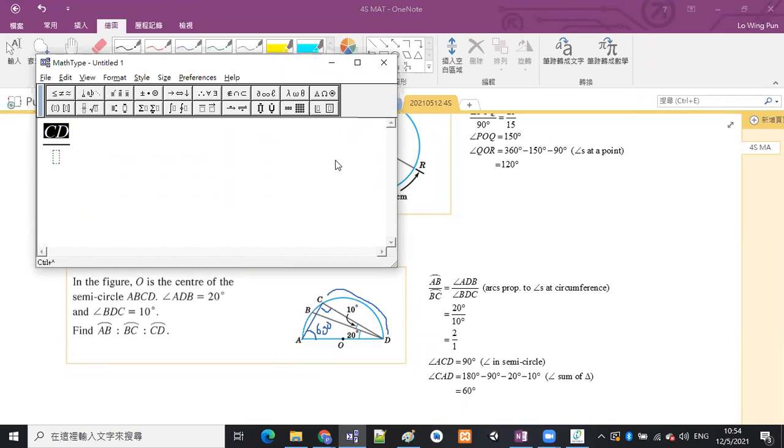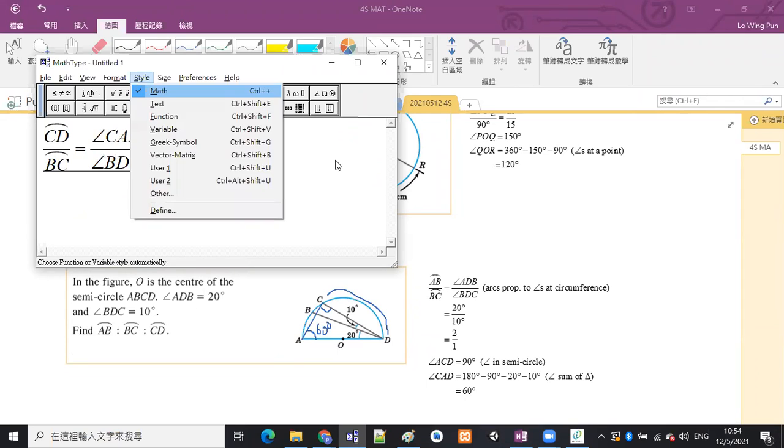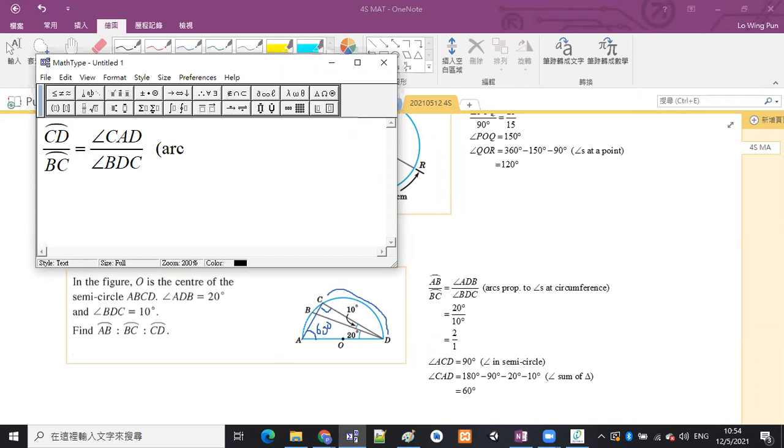Arc CD, because I want to find this, to arc BC is equal to the ratio of their corresponding angles. Angle CAD to angle BDC. And this time it is also arcs proportional to angles at circumference. Okay, and then this ratio is equal to 60 degrees over 10 degrees. That is 6/1.